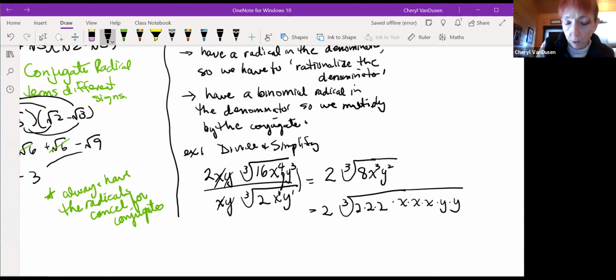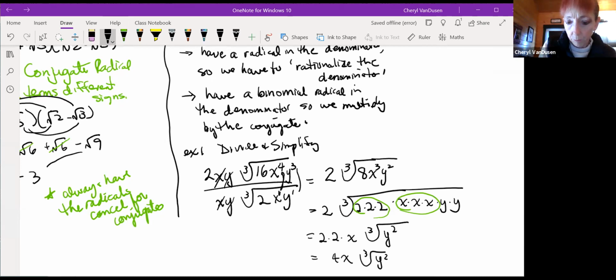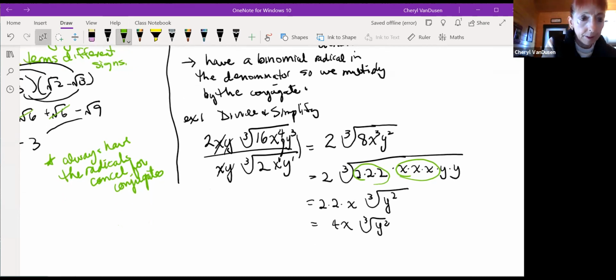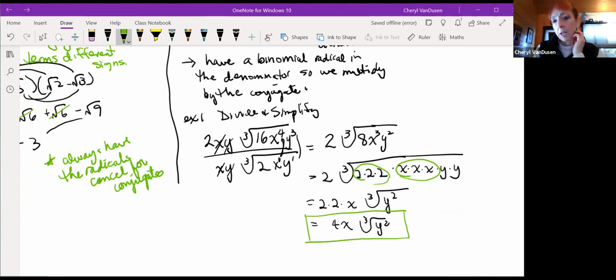I know I'm showing it this way, but you get into a routine here. Routine is good. And then we're able to take out a 2 and an x. The poor little y squareds are stuck inside, so we have the cube root of y squared there. And the final answer would be 4x times the cube root of y squared. Okay, so have a little look at that. I'll pause again and give you a chance to ask any questions.